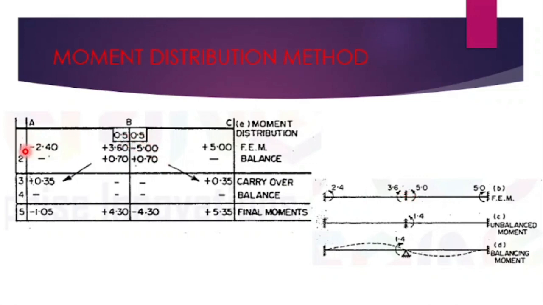And the next thing is step 1. What is the fixed end moment you got at AB? MAB is what? Minus 2.4. So you got this value. MBA, what is the value?